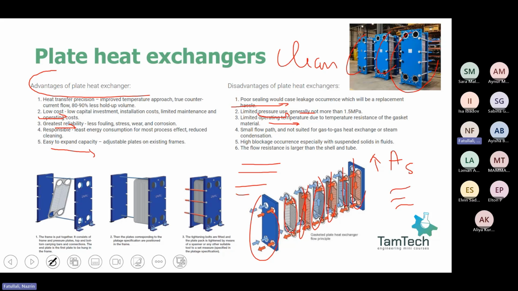For example, in the food and pharmaceutical industry, mainly plate exchangers are used, but in the oil and gas industry, we mainly deal with high temperature. That's why we prefer the shell and tube exchanger.